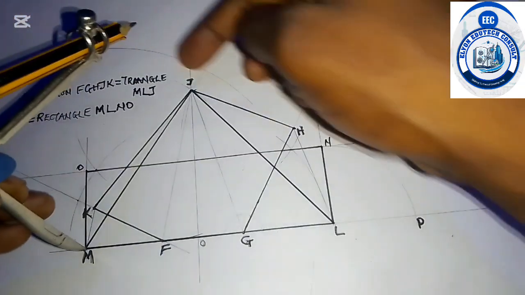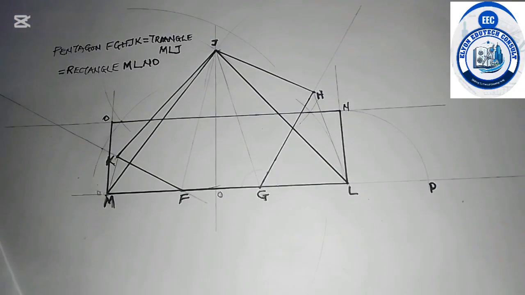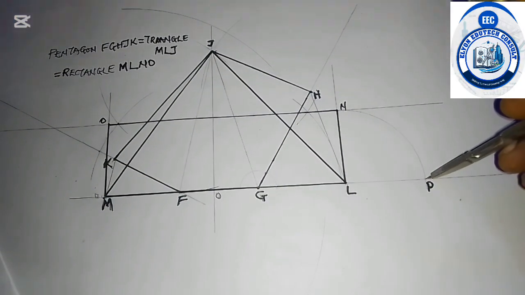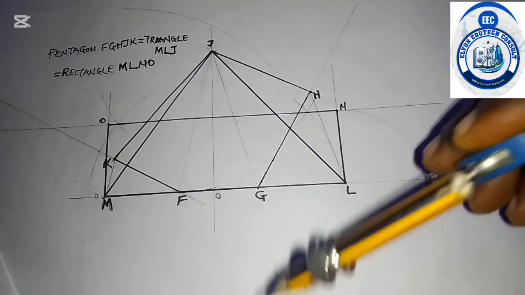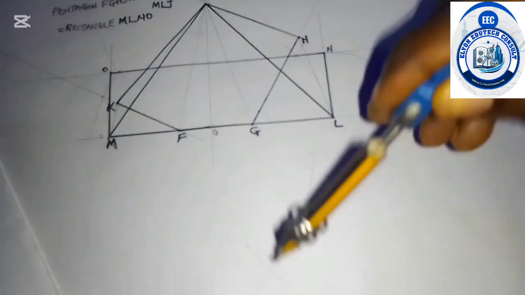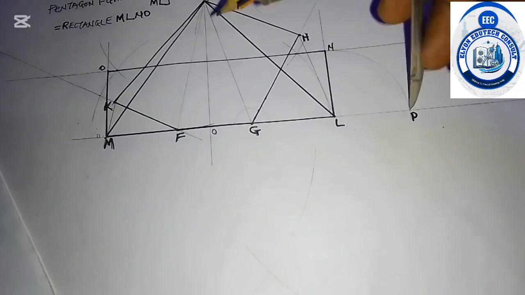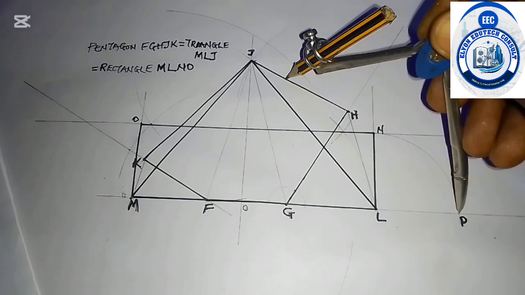Let your eyes be on that arc and the one you have at the base. So the same compass length, needle on this point P. You understand how we got this P. So strike an intersecting arc, and draw the other intersecting arc above.